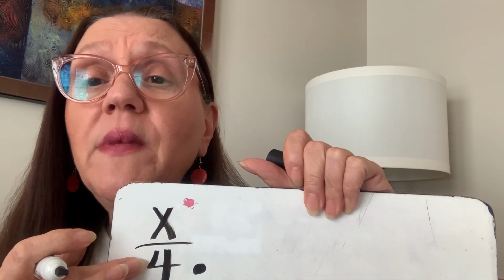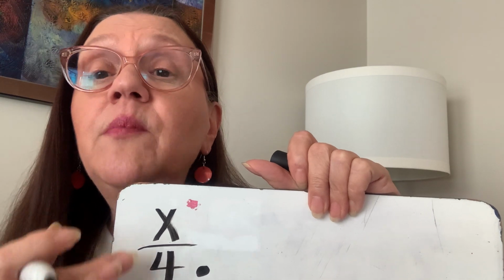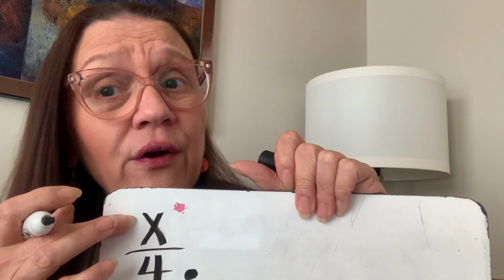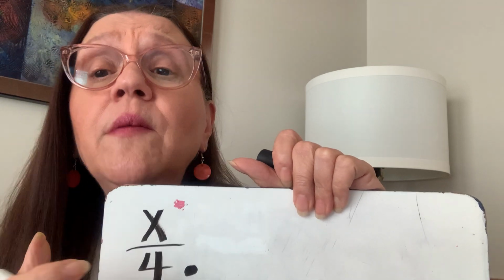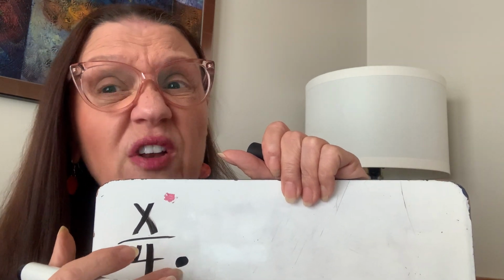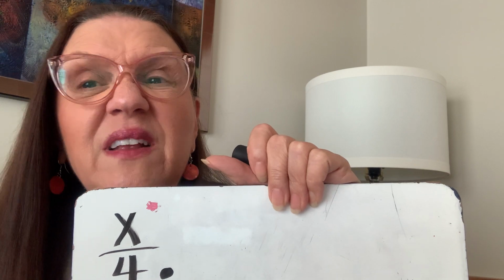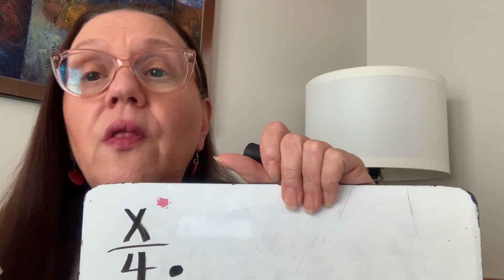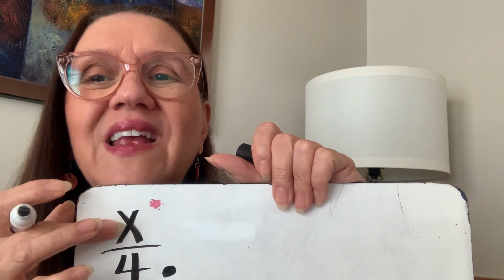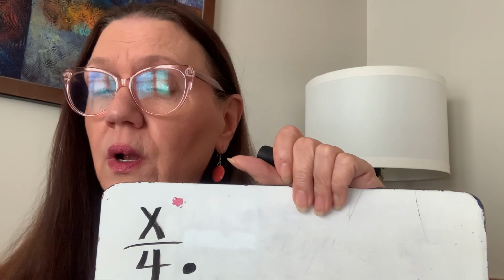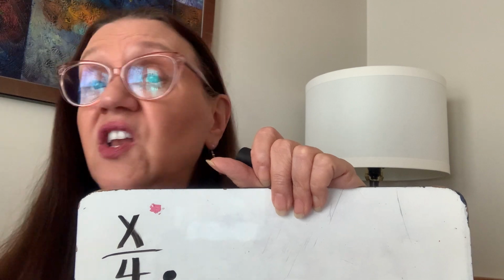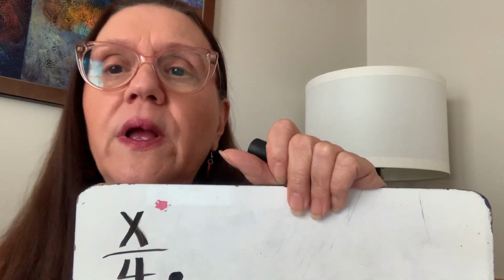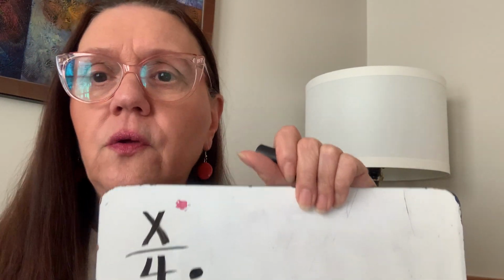If my denominator is a 4, and because I'm using x in the numerator, instead of a multiplication symbol of x, I'm using the dot. Remember I told you that in 6th, 7th, and beyond, higher grades, if we're using x to represent a number, it's hard to use it to also represent multiplication, because then you have x's all over the place and people get confused. Well, I get confused.